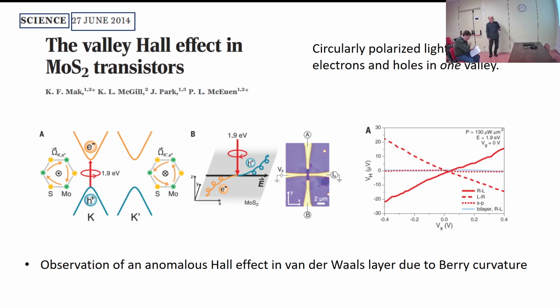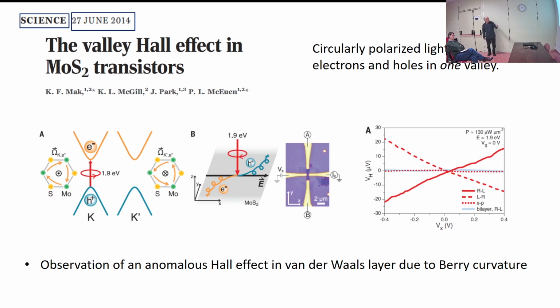The thing that's nice about circularly polarized light is that it will create electron-hole pairs unequally in the two valleys. And the two valleys turn out to have different Berry curvatures, so that when you have this imbalance between valleys, you end up with a situation where the effects of Berry curvature are not canceling between the carriers in the two valleys.